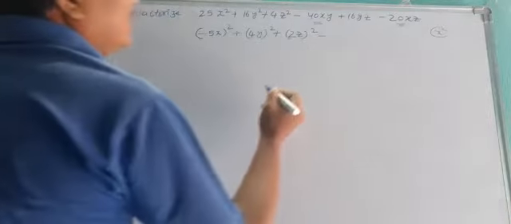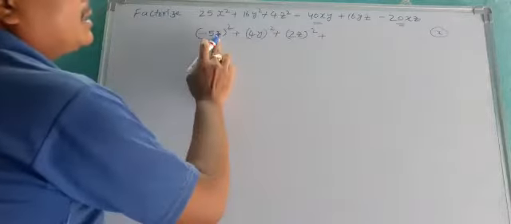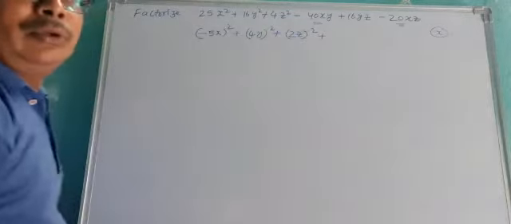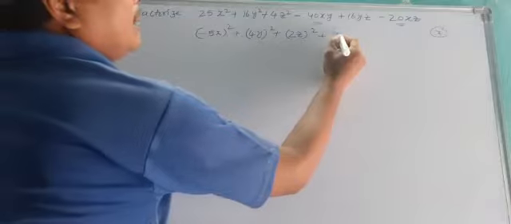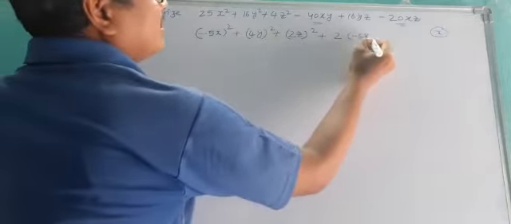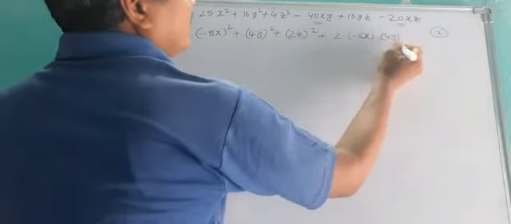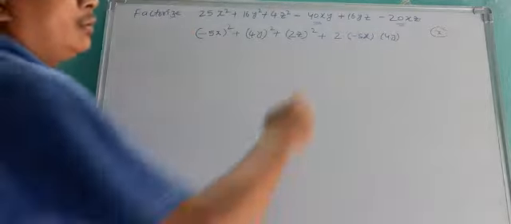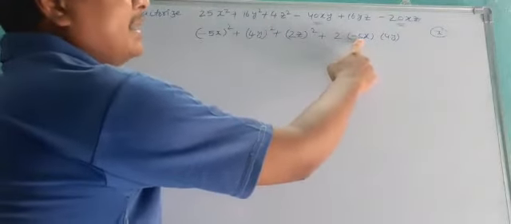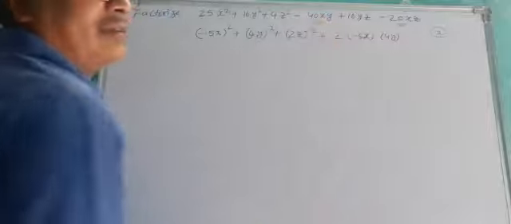So the remaining: a square plus b square plus c square plus 2ab. Here a means minus 5x and b means 4y. Now multiply them: 2 into minus 5 is minus 10, into 4 is minus 40xy.